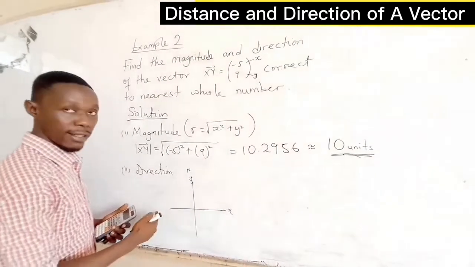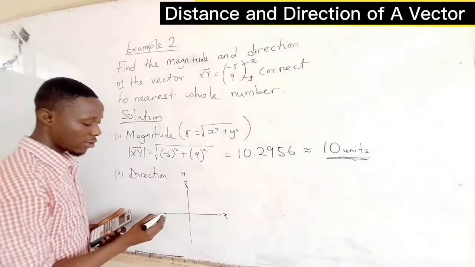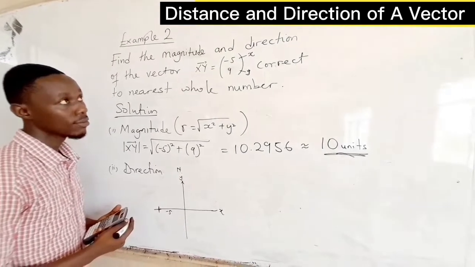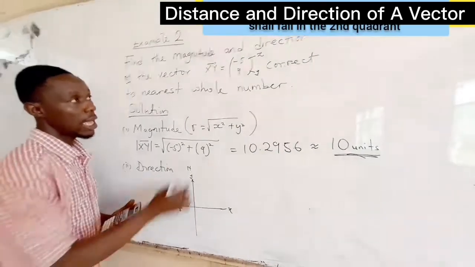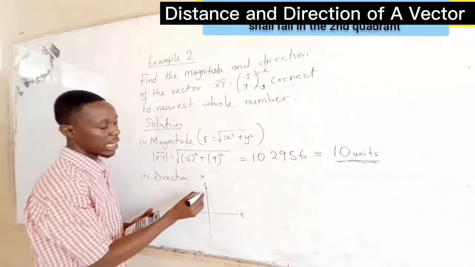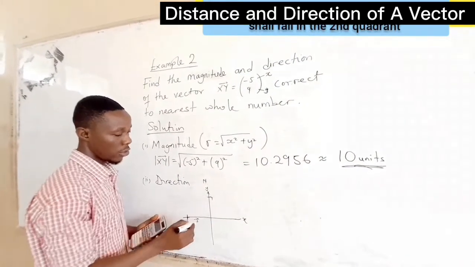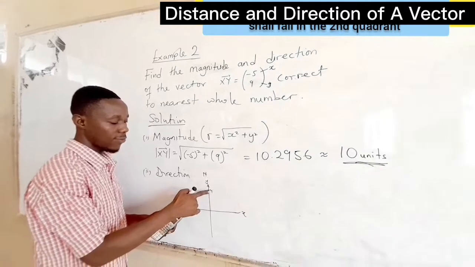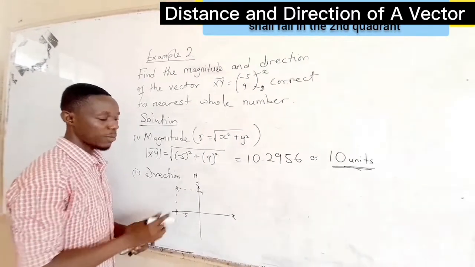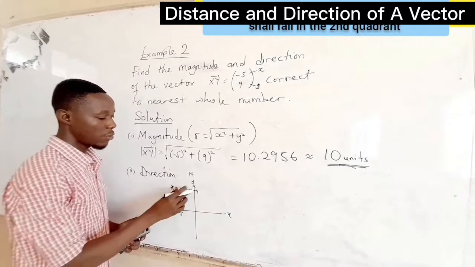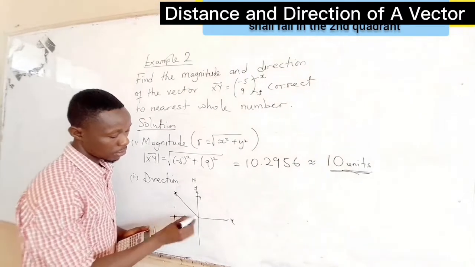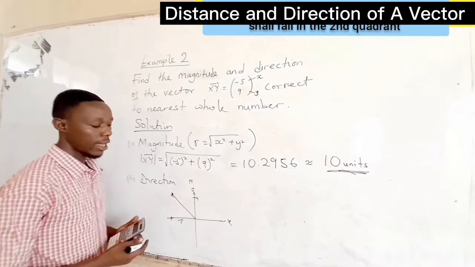It will be here, negative. So from here to here, let's turn this one to be -5. And the y is 9. Still, it will go up. So from here to here, let's say it is 9. So the 9 and -5 will meet at this place. Then we draw to where the bearing is.